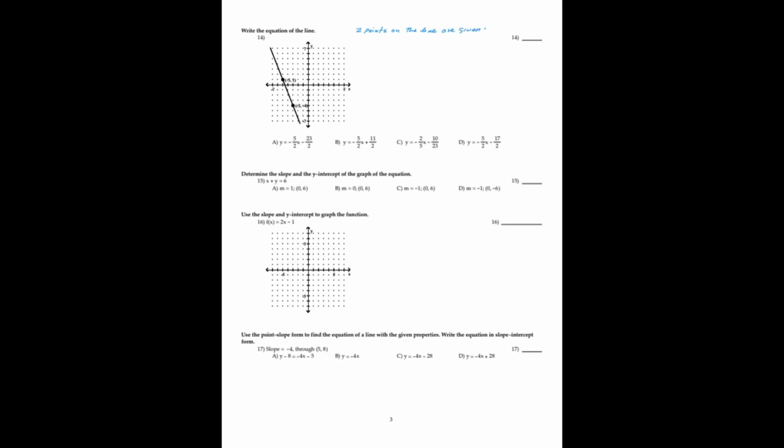if 2 points on the line are given, negative 5, comma negative 1 and negative 3, comma negative 4, I will find the slope. The first thing I'm going to do is find the slope. So when I find the slope, I say the slope m is equal to delta y over delta x, as we said, y2 minus y sub 1 over x sub 2 minus x sub 1.